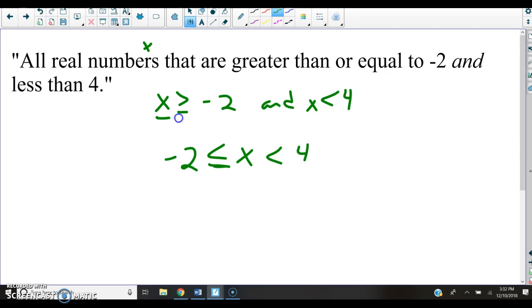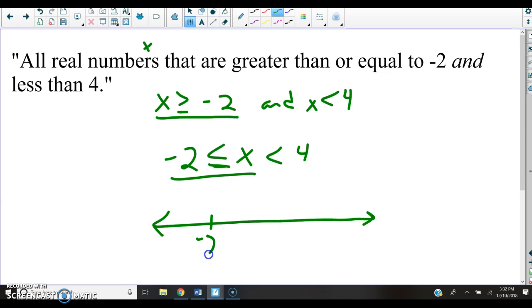Notice that "x is greater than -2" can be written the opposite direction. So since x is greater than -2, it's going to go to the right, and less than 4 means to the left. That's an overlap. The "and" means overlap. It looks like a barbell. So you can write it either with the word "and," or you can write it as a single inequality with x sandwiched between the two.